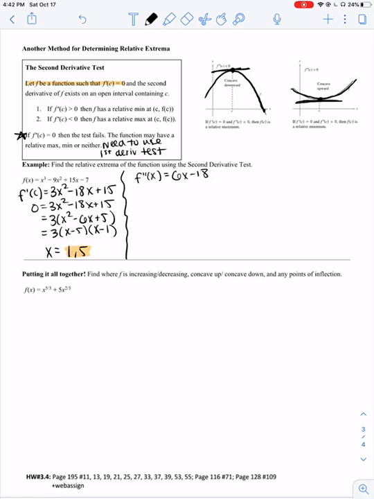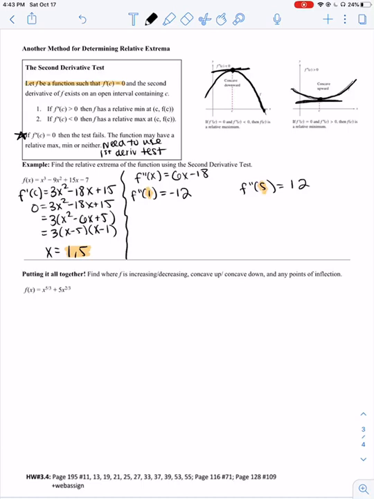For this one, you find the second derivative, and then you plug each of these values into the second derivative. So we're going to do f double prime of 1, and f double prime of 5. And here we're getting negative 12, and here we are getting positive 12, right?